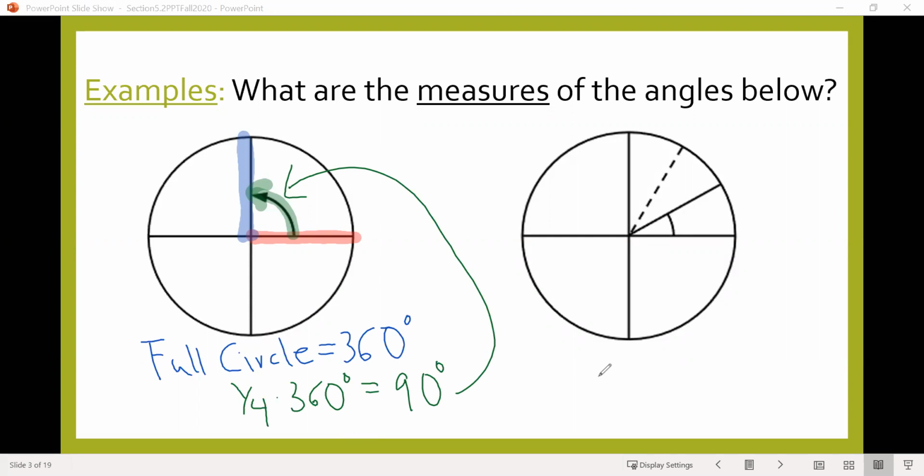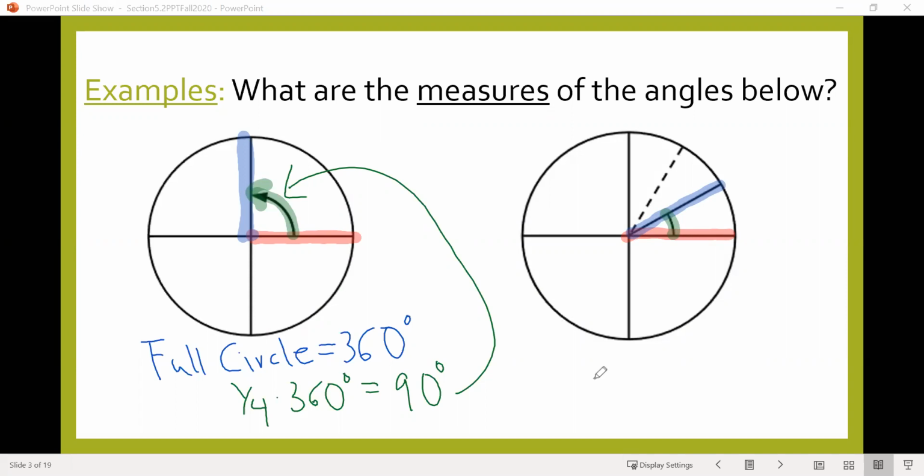For the second angle we have here, again, the initial side is right there on that positive part of the horizontal axis. The terminal side in this case might be hard to tell, but we're talking about this side here that I just highlighted in blue. And then we want to figure out again, how much do we rotate around from the red side to the blue side. Well, we just found that one of those quarters of the circle is 90 degrees.